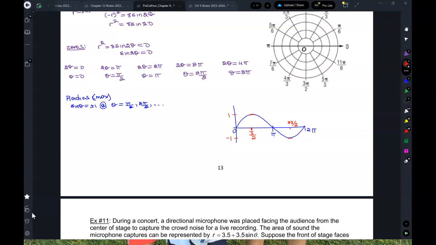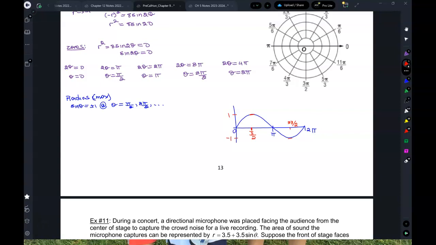But that's not what I'm saying. I'm saying the parent function sine of theta. Do you guys all agree with this? Just like we had said, sine of theta is 0 at 0, pi, 2 pi, and so on.